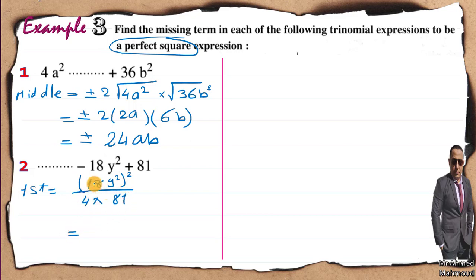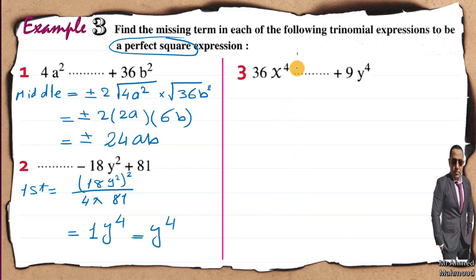Using your calculator, 18 to the power of 2 over 4 times 81 equals 1. And y to the power of 2, all to the power of 2, equals y to the power of 4. So finally it is y to the power of 4. Don't forget, it's not negative or positive, it's positive only.